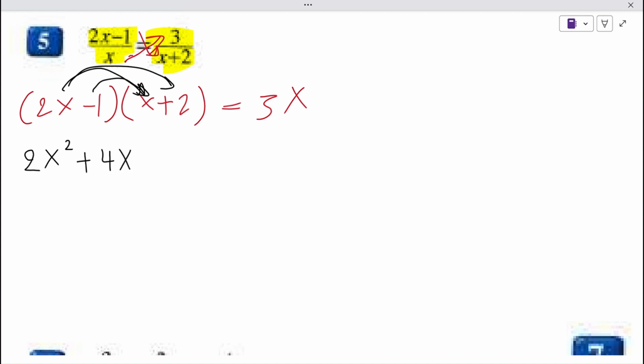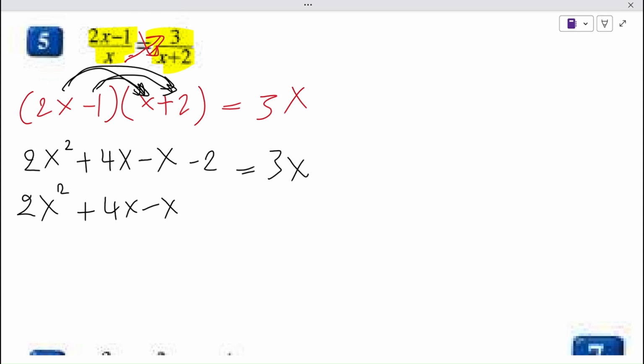And minus 1 times 2 is equal to minus 2. This is equal to 3x. Put this 3x into the other side of the equation. This becomes 2x squared plus 4x minus x minus 2 minus 3x is equal to 0.